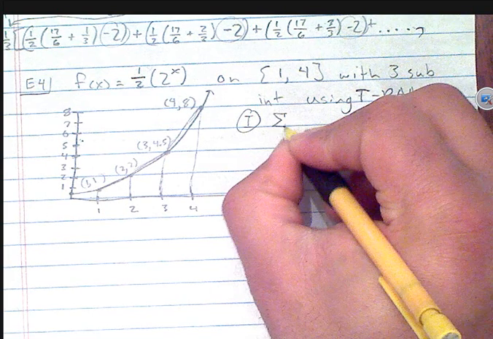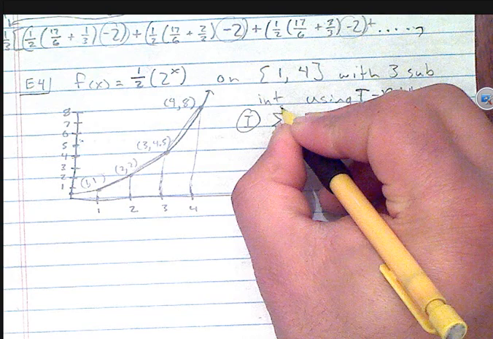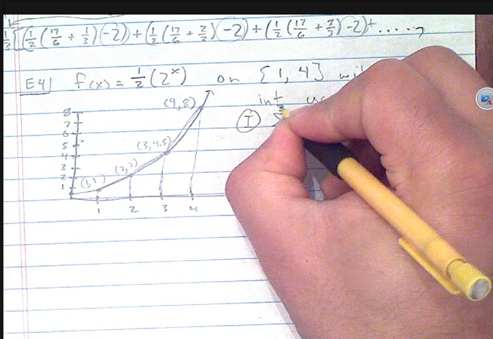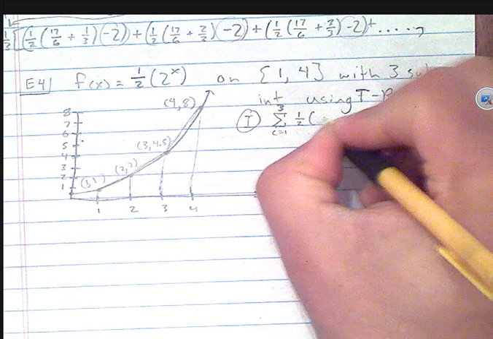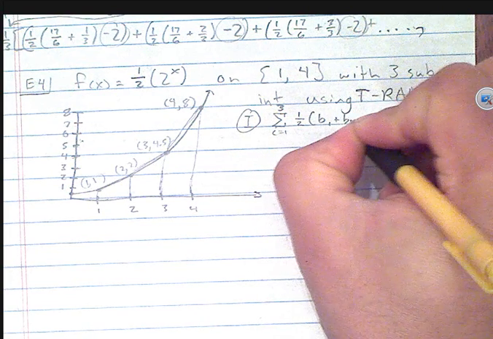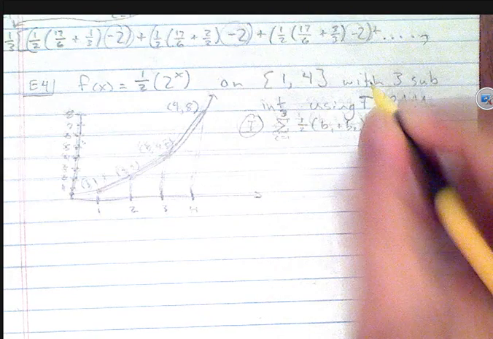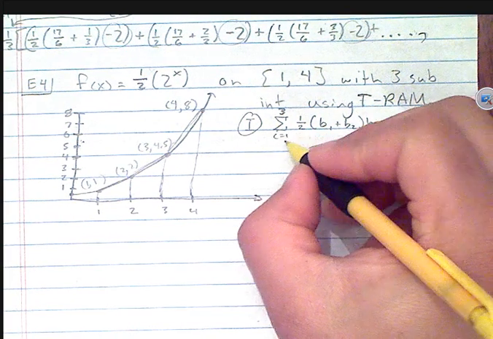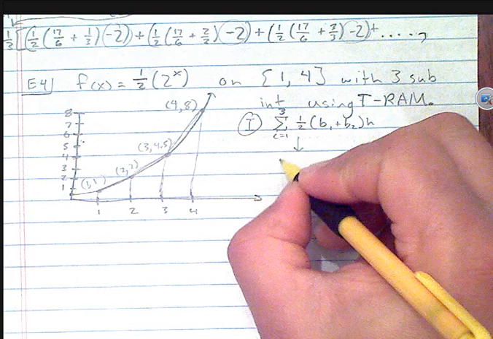Okay, so we're adding up 3 things, and the things we're adding up are trapezoids, so 1/2 base 1 plus base 2 times the height. I always want you to start out like this because it's easy, and from here I remember that 1/2 is just 1/2.